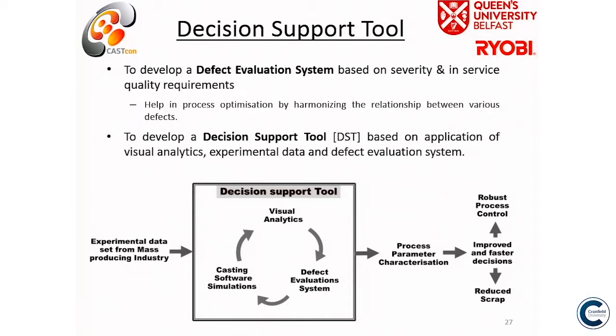And more importantly, what is the insight that we're getting out of this information, and what are we going to do with that? When we do that, the outcomes that we're expecting is basically a more robust process control. And by robust, I mean insensitive to change, and reduce scrap rates.